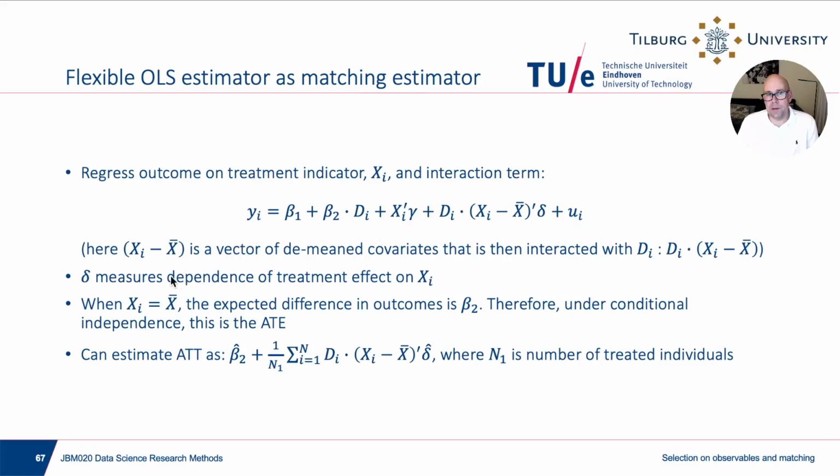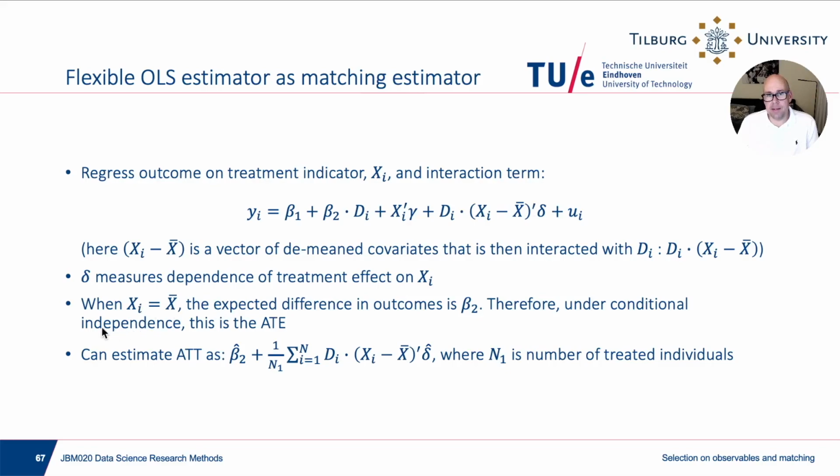So here what we have is that xi minus x bar is a vector of demeaned covariates that is then interacted with di. So one includes as additional regressors. So when you have 15 x's, right, you would include 15 extra terms, and these would be interactions between the demeaned x's, demeaned across all observations, and di. Okay. And delta here then is the dependence of the treatment effect on x.